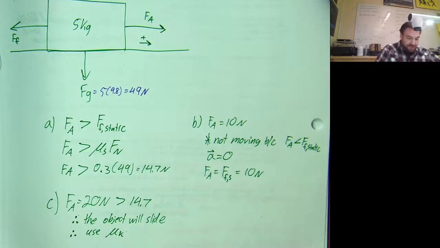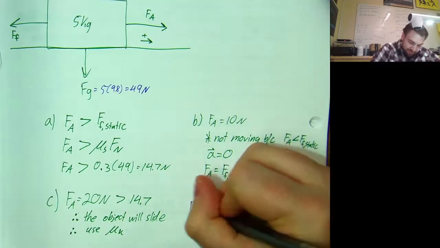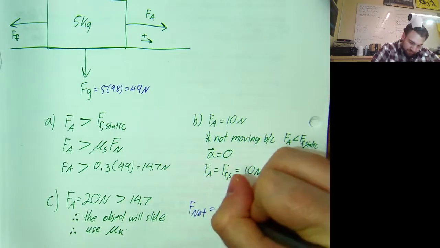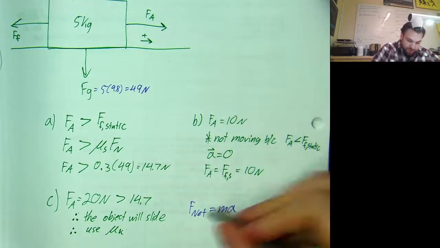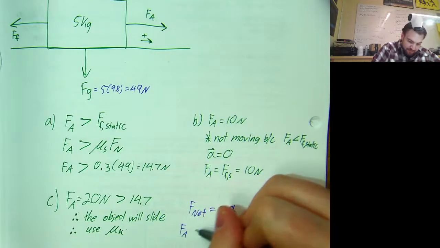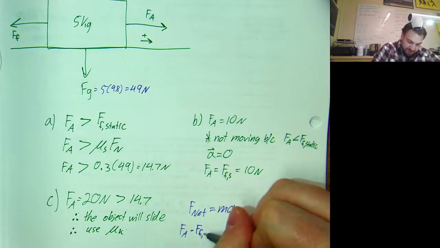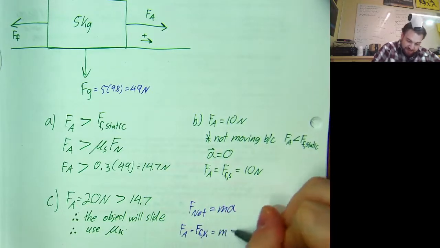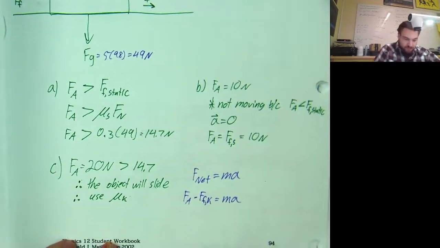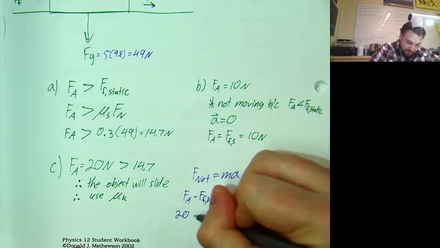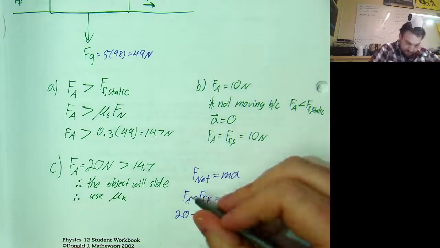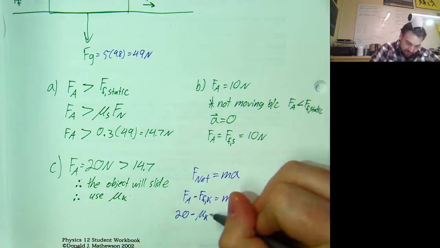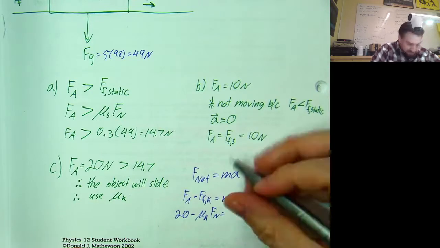We want to find the acceleration, so we're going to use F net equals ma. So we're going to have Fa minus the force of friction kinetic equals our mass times our acceleration. Our applied force is 20 minus mu k Fn equals, what's the mass? 5a.